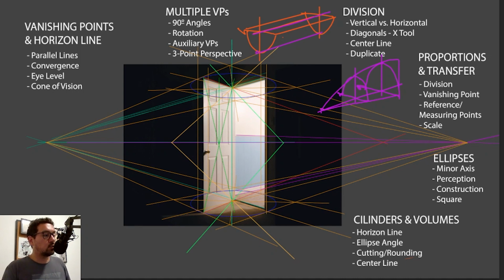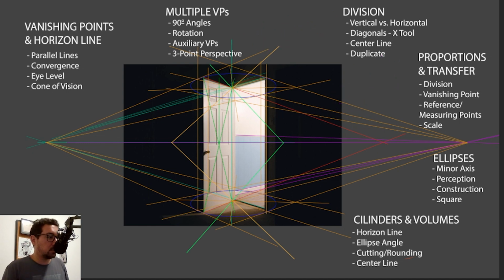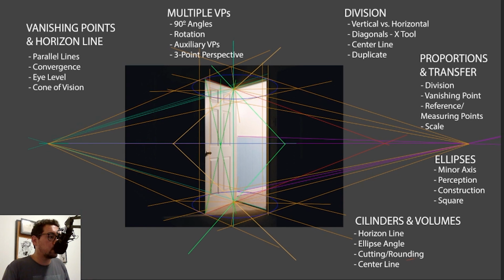So this is super important. This is the only concept that I haven't covered with the door, because the door is flat, so we can't look at something that is going in the distance. So that's something to keep in mind. But other than that, the door has helped us to really cover everything that we need.